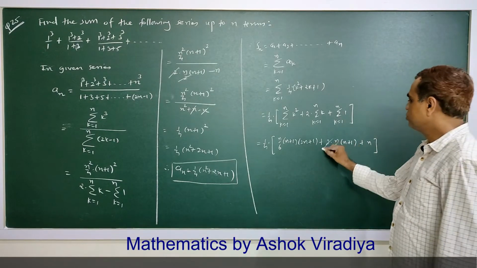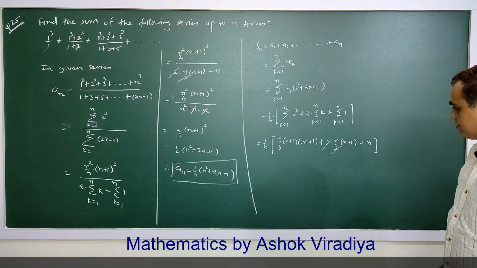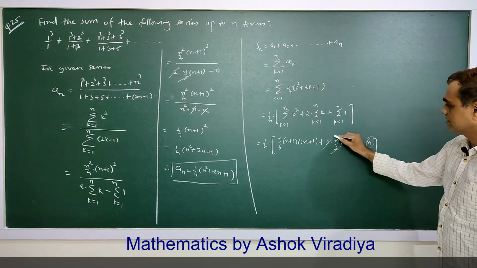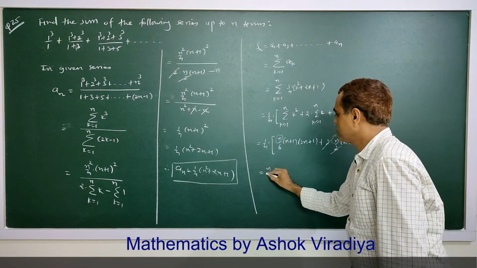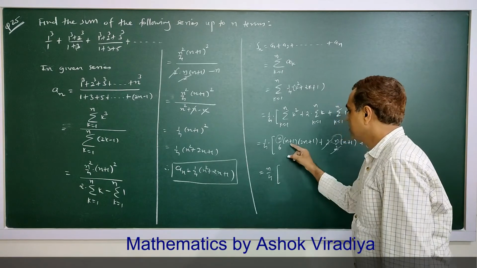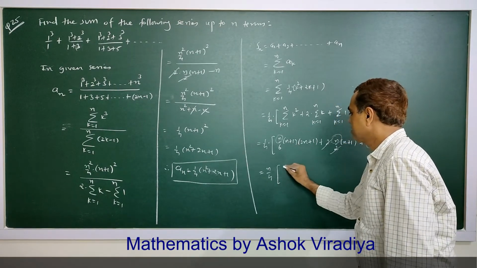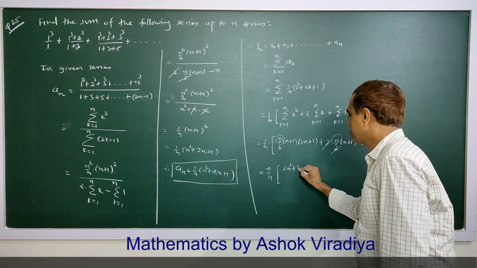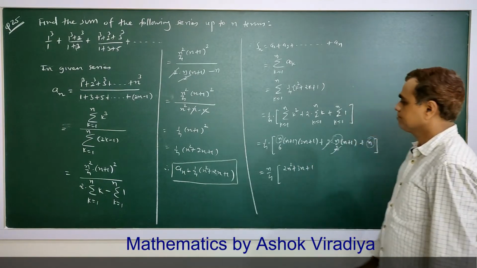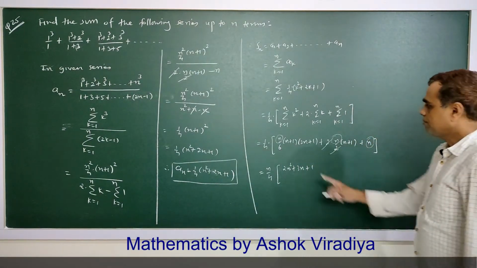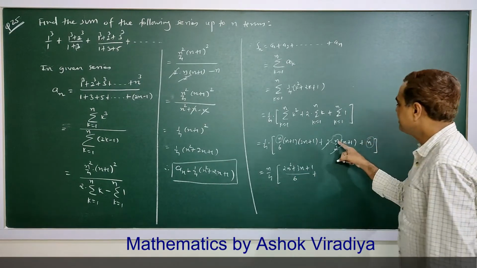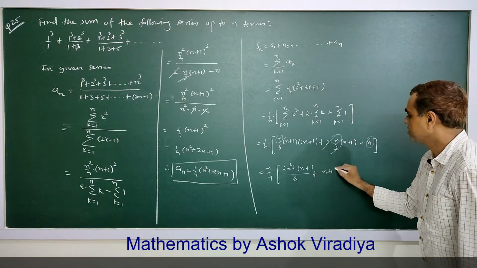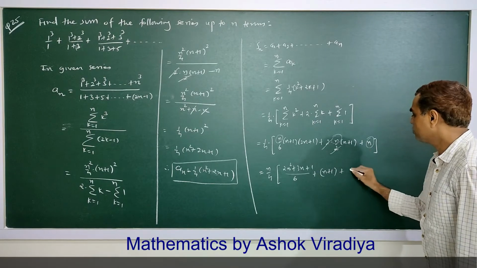Now here this 2 is cancelled, n is common, taking this n common, so n by 4, expanding this, 2n square plus 3n plus 1 upon 6, plus, here n is taken outside, so n plus 1 is left, here 1 is left.